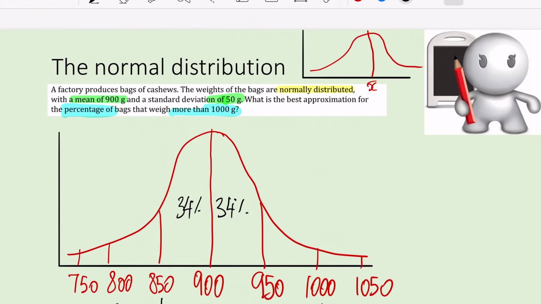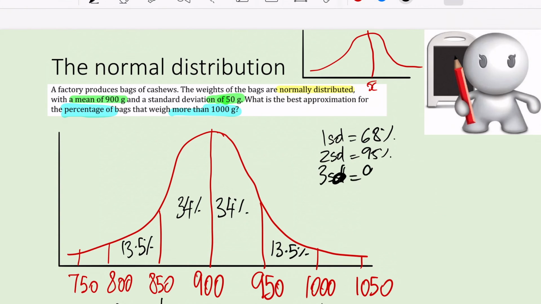So 1 SD is 68, 2 standard deviations is 95. Very quickly, you would go 95 take away 68 is 27%, and divide that by 2 and you're going to get 13.5% on this side, 13.5% on this side. And 3 standard deviations away from the mean is 99.7.